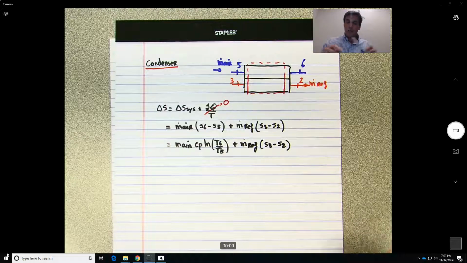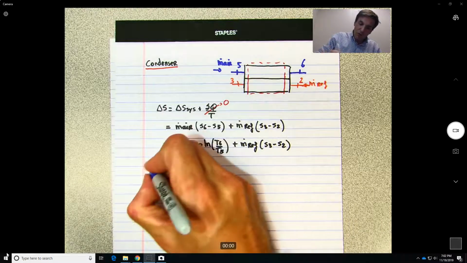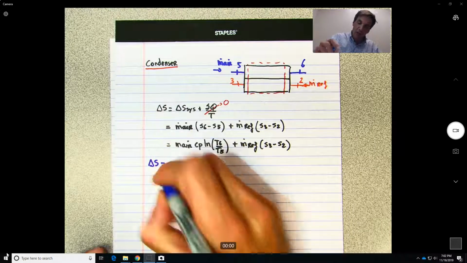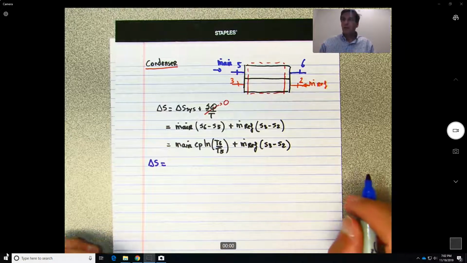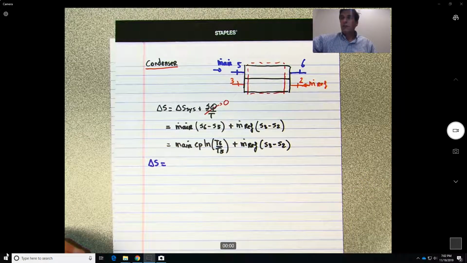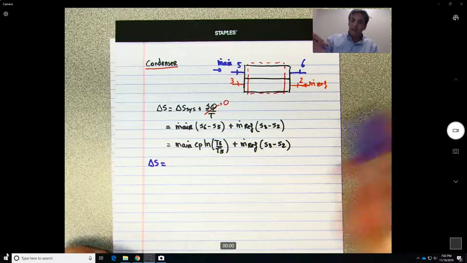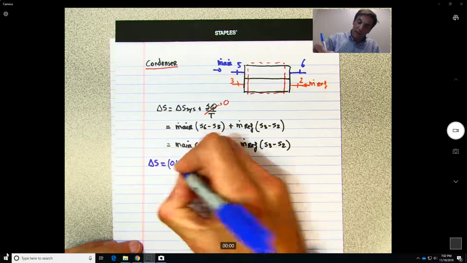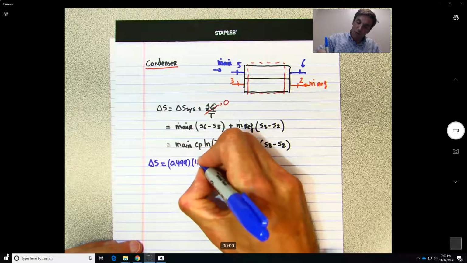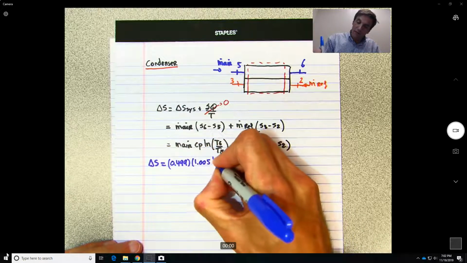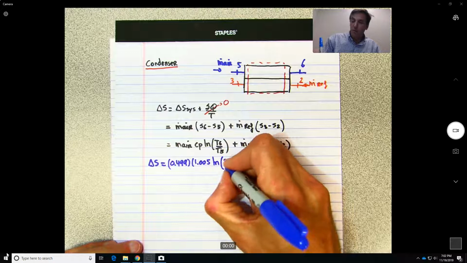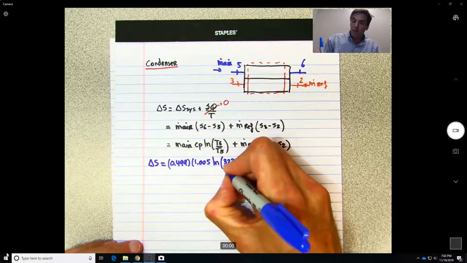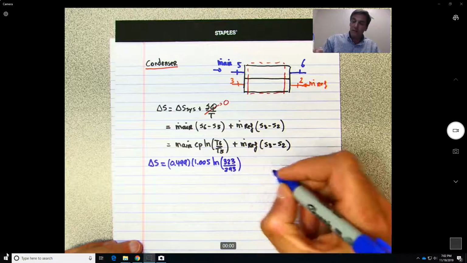So if we do the calculation, the total change in entropy should be equal to what? So let's see, the mass flow for air is 0.499 times Cp, which is 1.005, times ln of 323 divided by 293.